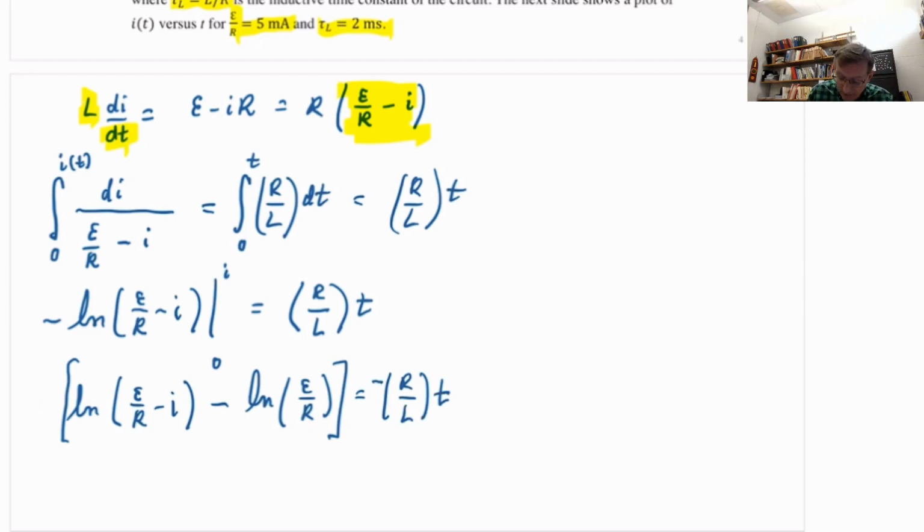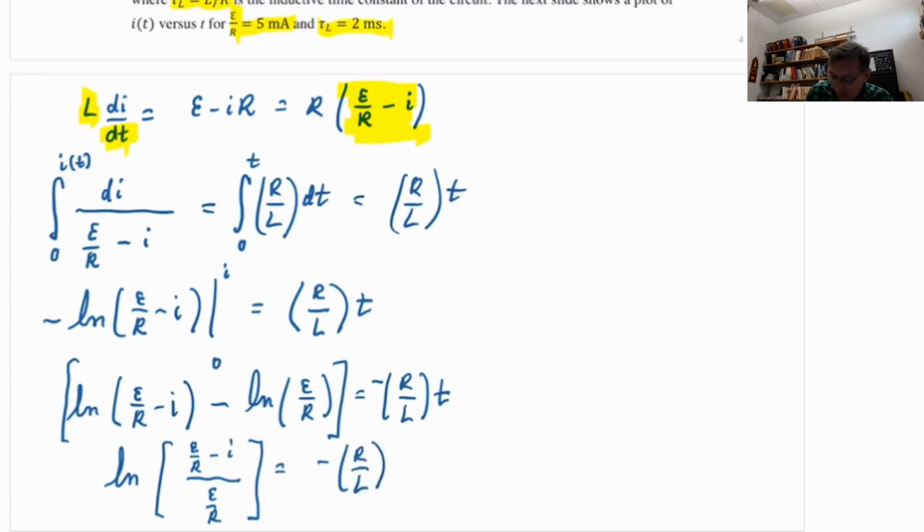Then we use the property of logarithms, that log A minus log B is log of A over B. And write this as log of E over R minus I all over E over R. Like that.